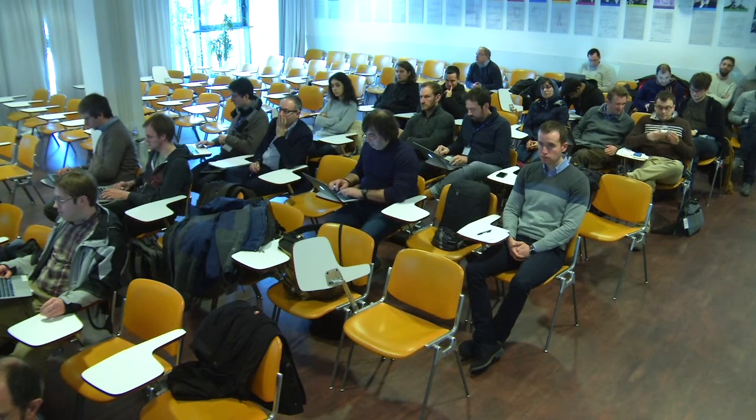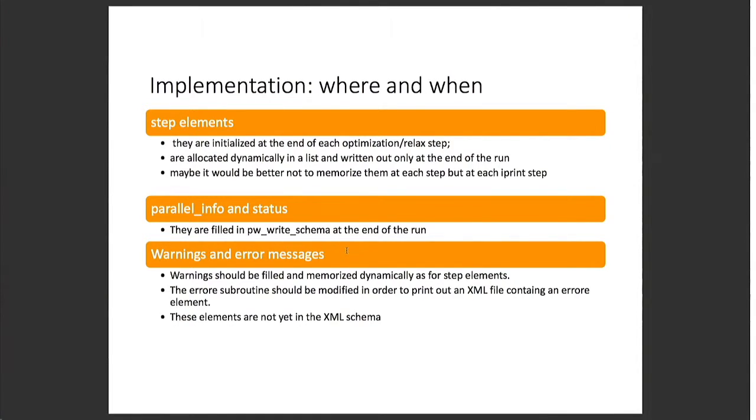Other elements which are initialized at the beginning of the run are parallel info and status. One is filled at the beginning of the run and the other at the end of the run, and they are printed out at the end of the run. There is still an experimental module, which is not submitted in the trunk, with warning and error messages.